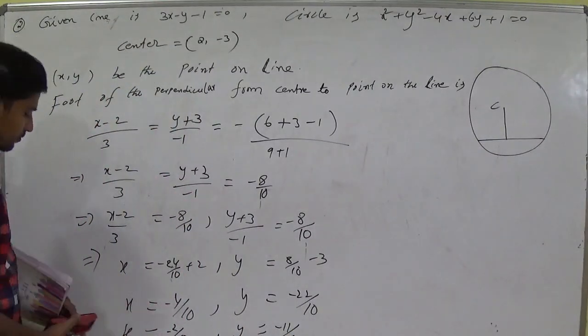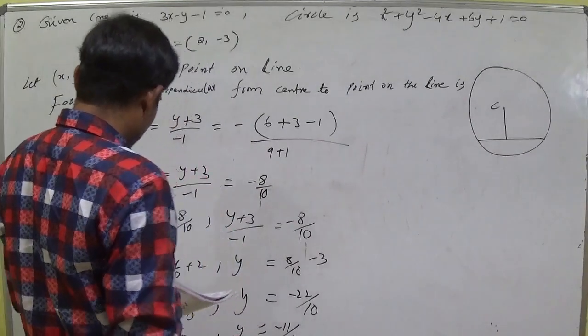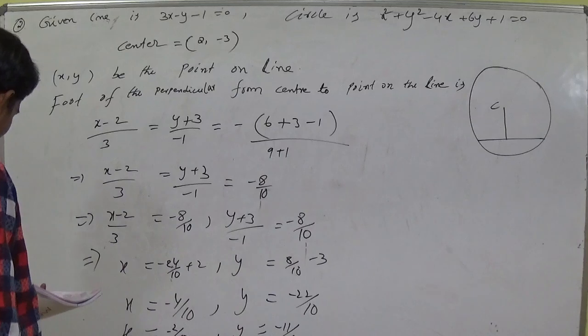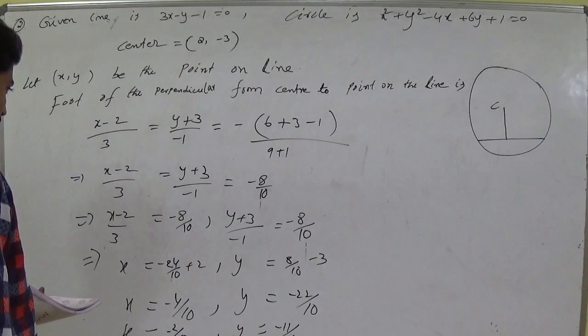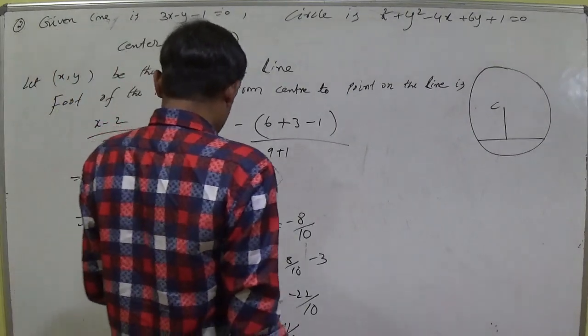So x equal to minus 2 by 5 and y equal to minus 11 by 5, right?